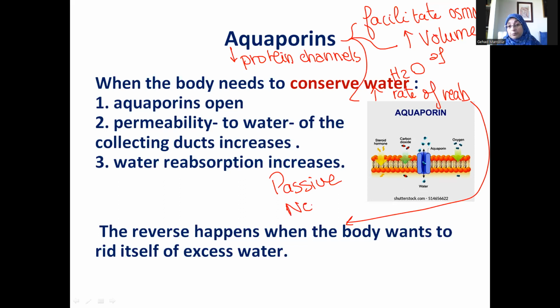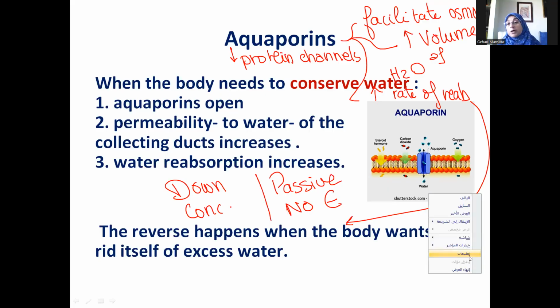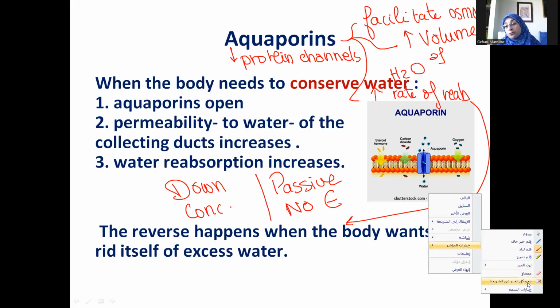It still does not require any kind of energy. It still occurs down the concentration gradient. When do aquaporins open and become active? When you want to reabsorb water, when you want to return water to blood, when you want to preserve water.